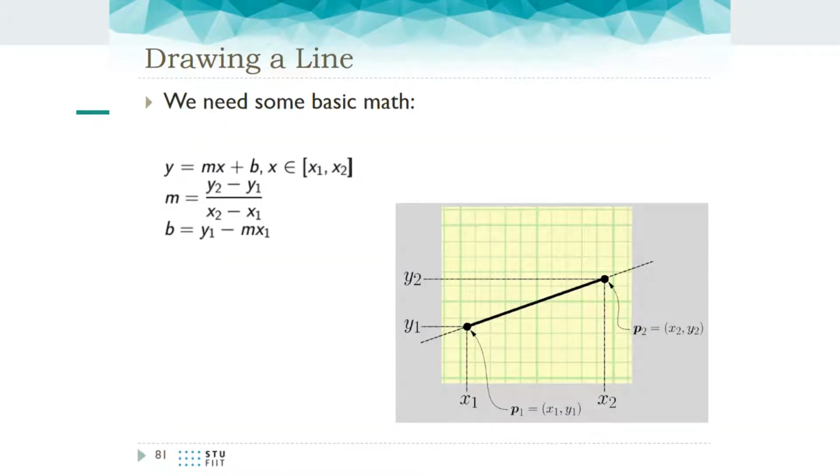But we can go back to some math, and we can describe the line as a function. On the coordinate system, we can describe it by combining the angle, sort of, and the bias. By this, we can define how to draw the line and how to compute the pixels that are covered by the line.